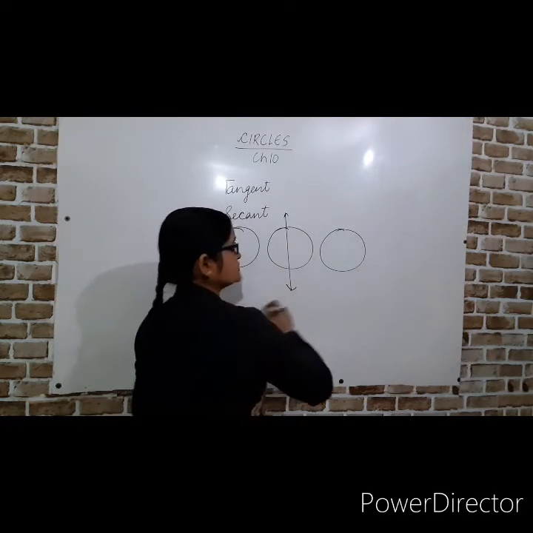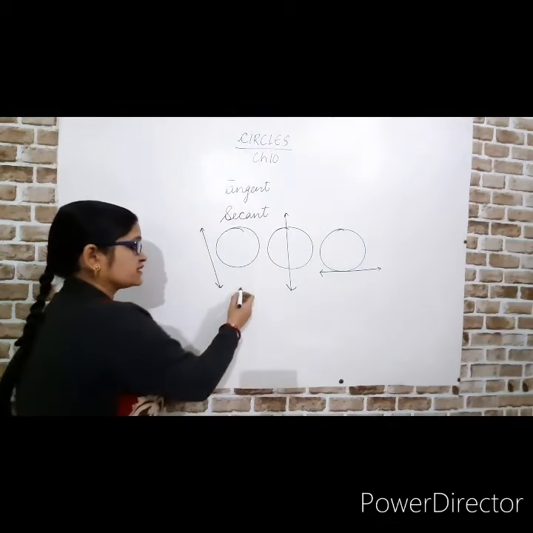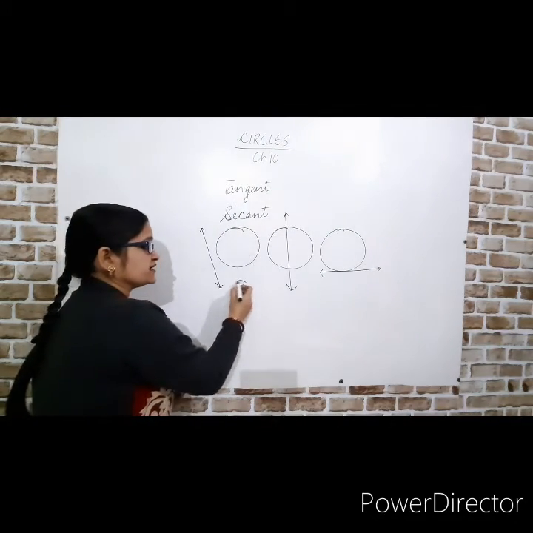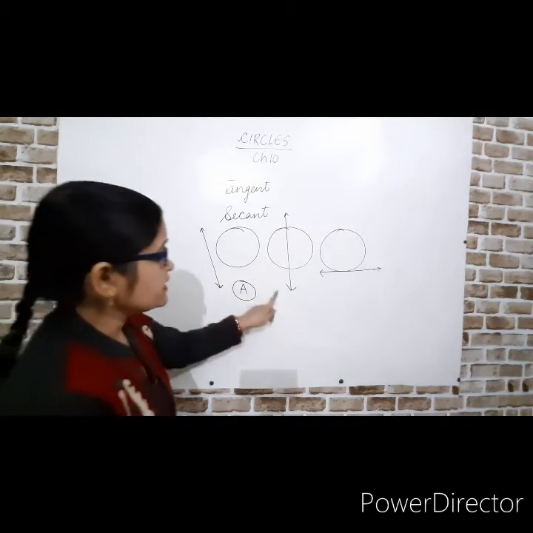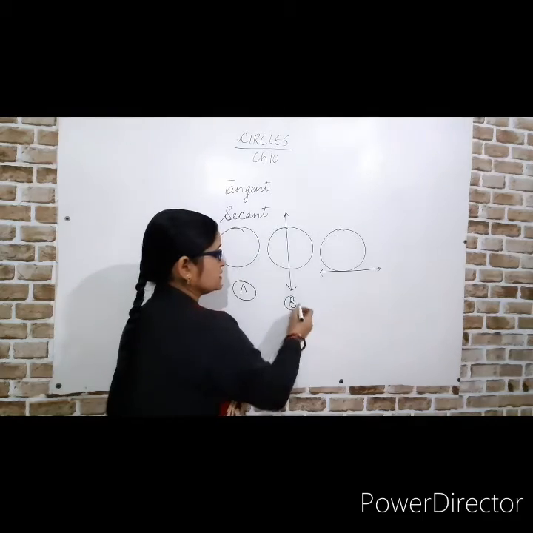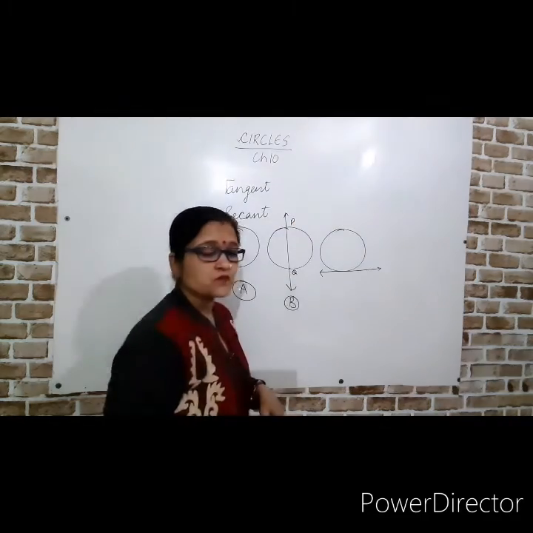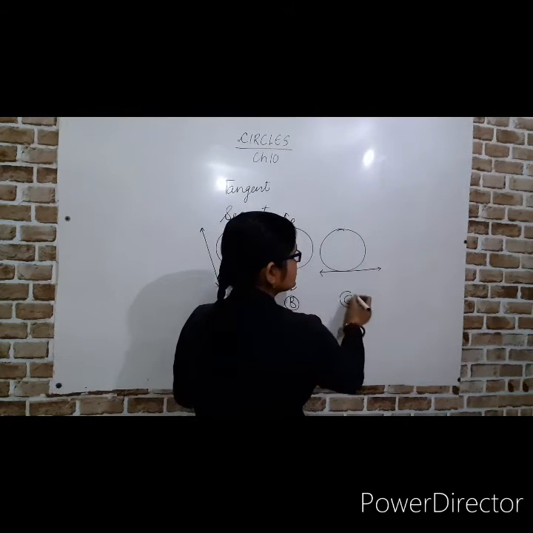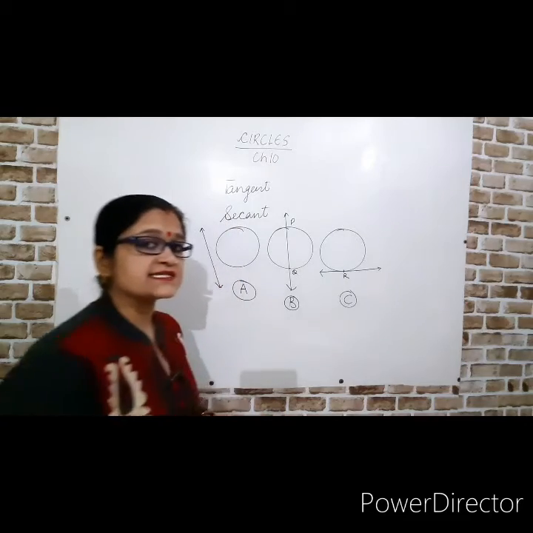This line is drawn. Now one more line is drawn. In figure A, we have no common point. In figure B, we have two common points, P and Q. In figure C, we have one common point, that is R.